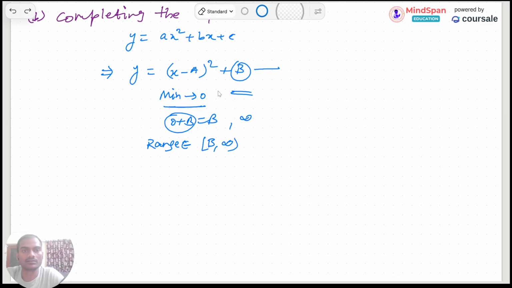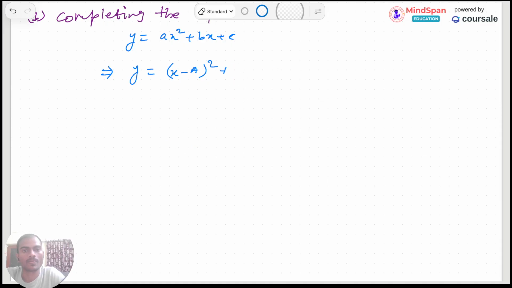Now for example, let me write it clearly. Okay, plus b. So this portion minimum can go 0, right?